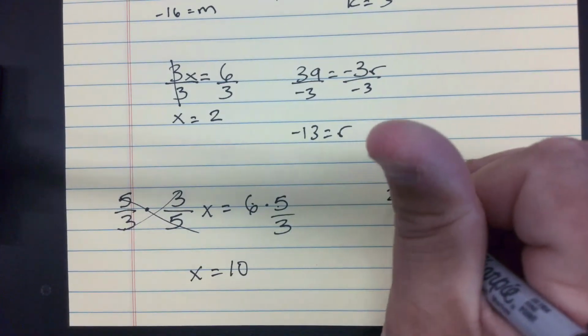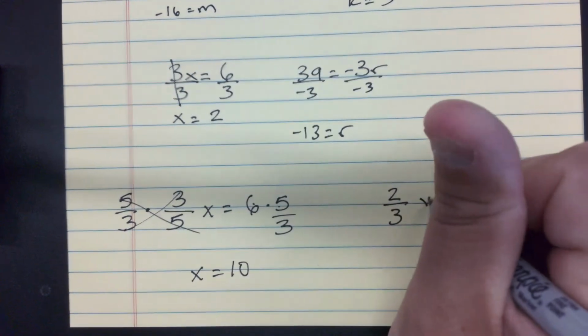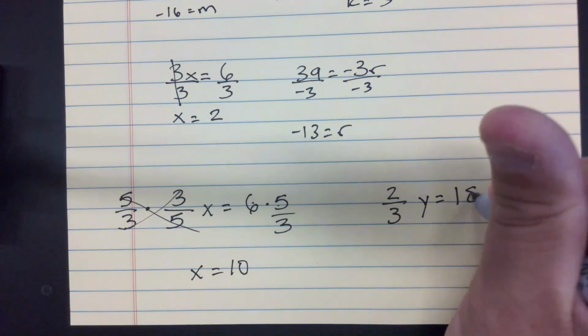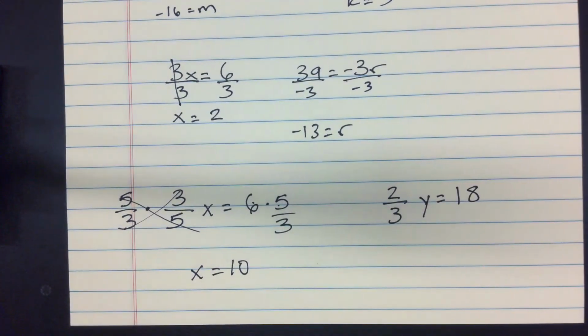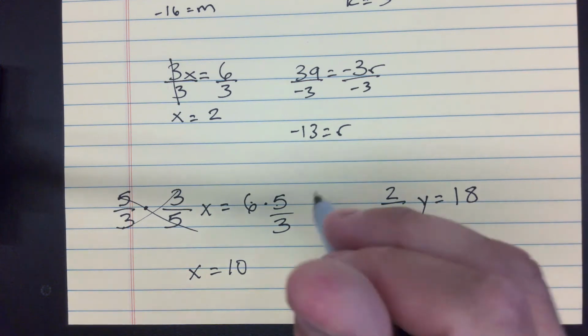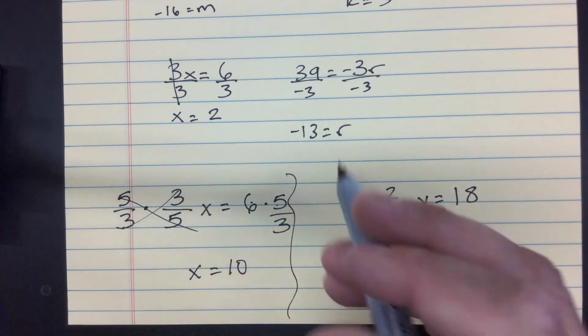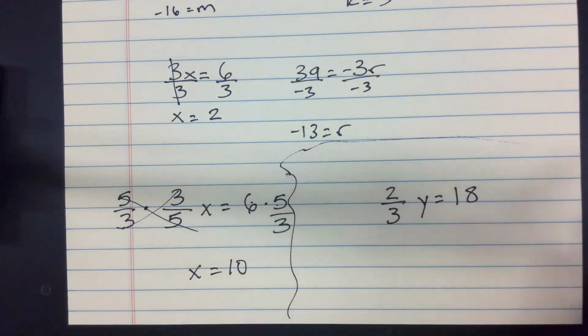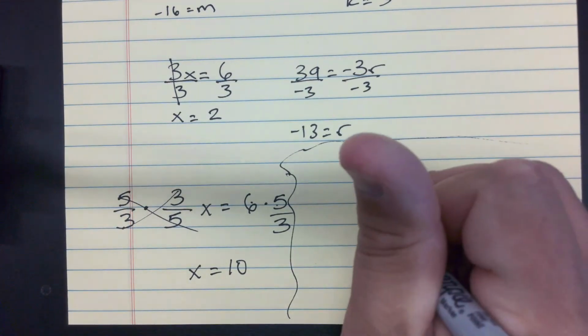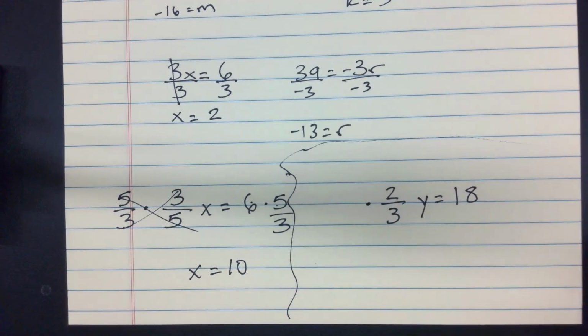Alright, so another one. Let's say we had 2/3 y equals 18. So, Dre, what am I going to times both sides by? Should have been paying attention, Dre. What do we times both sides by, Gavin? The reciprocal, which is what, Gavin?